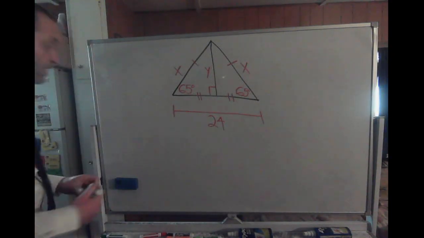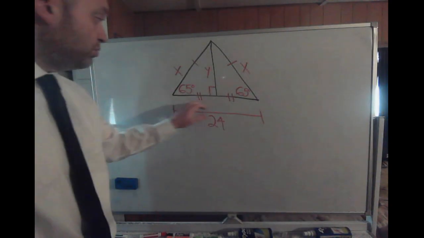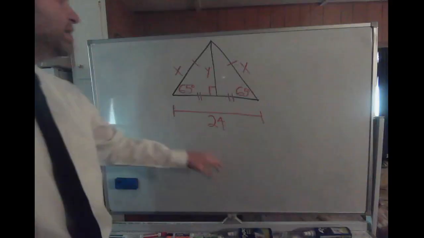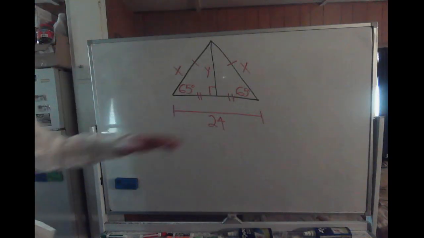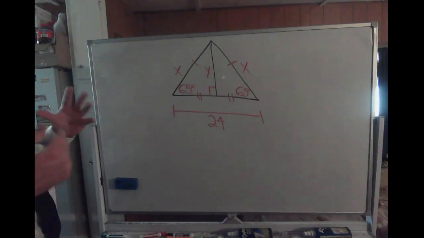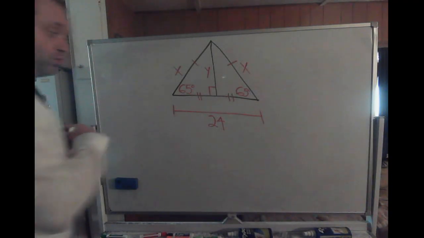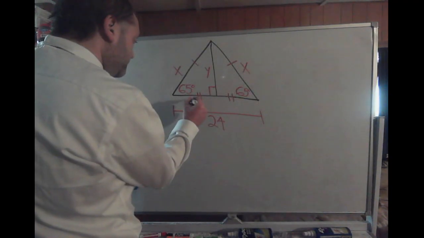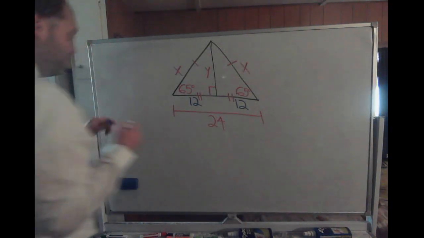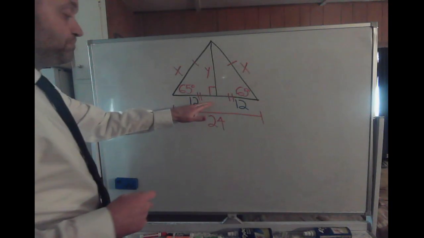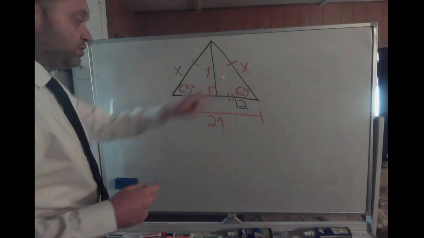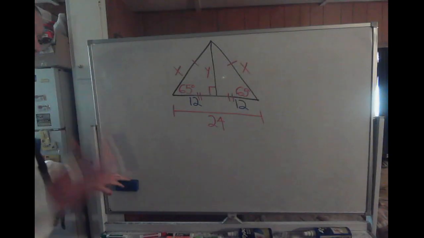Now, if the length of this whole bottom base of the major triangle is 24, and you have two congruent segments that make up the base of the big triangle, that means it splits that 24 evenly into two 12s. So now we know the length of each of the bottom legs of the two smaller right triangles. Now we can go ahead and start solving.